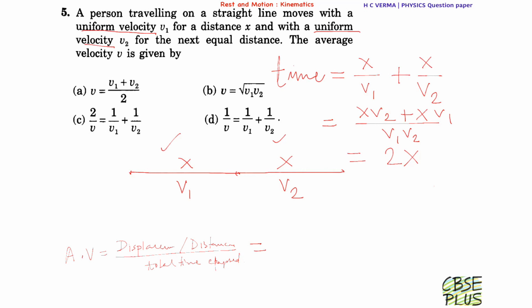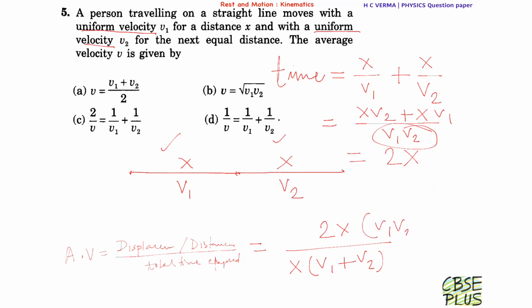So we put the value of total distance, that is 2x, and now we put the value of time, where we can take x common and write v1 plus v2, and the term in the denominator, v1 into v2, will go in the numerator.